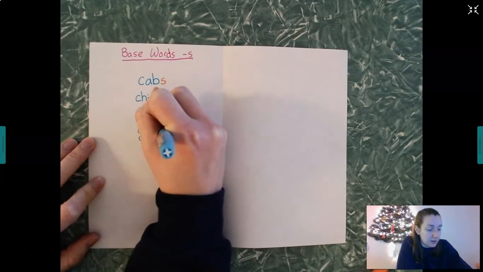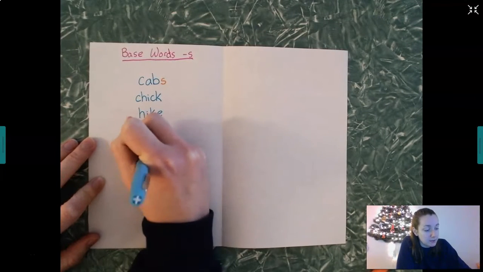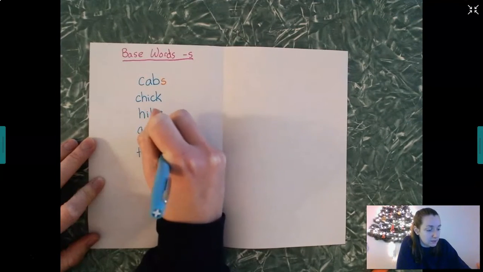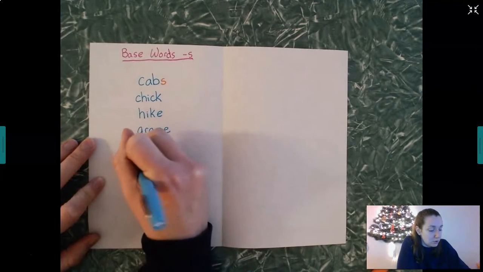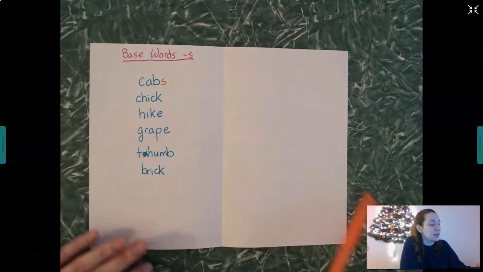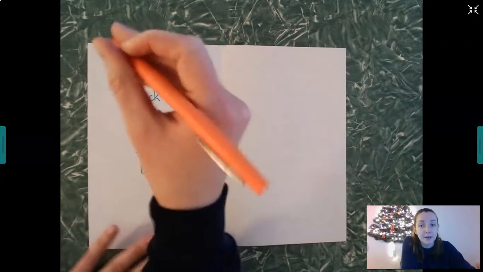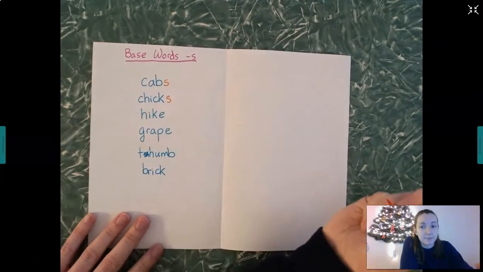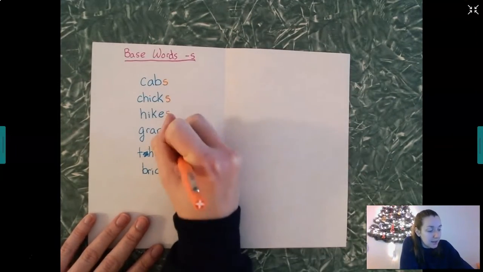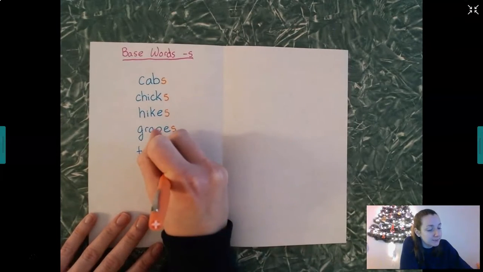These are all singular nouns right now. Thumb. Brick. All right, and so with these, cab becomes cabs, chick becomes chicks, hike becomes hikes, grapes, thumbs, bricks.